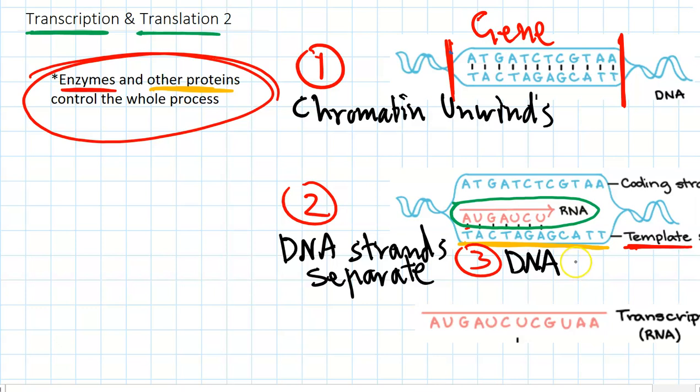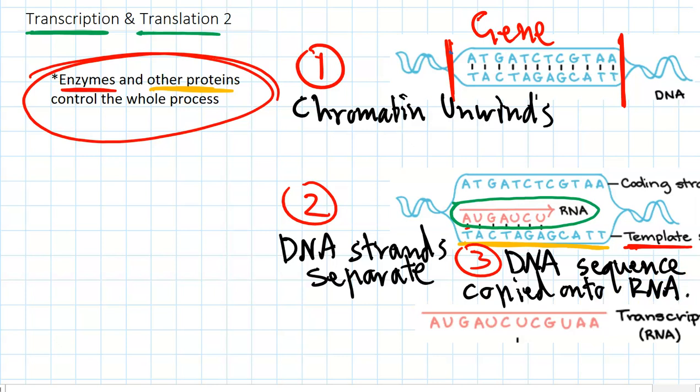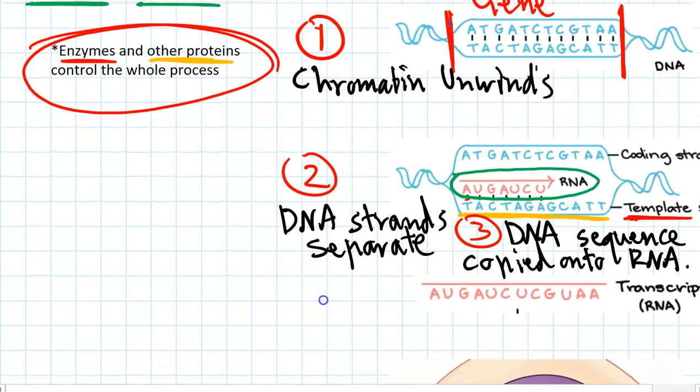So the DNA sequence of the gene is copied onto RNA. And then once the whole gene has been copied, the RNA breaks off and we call it mRNA, or messenger RNA.